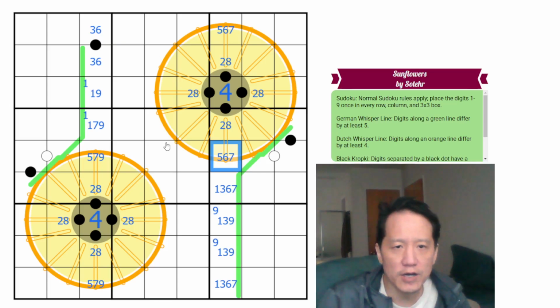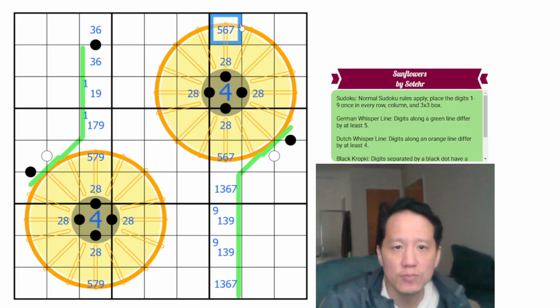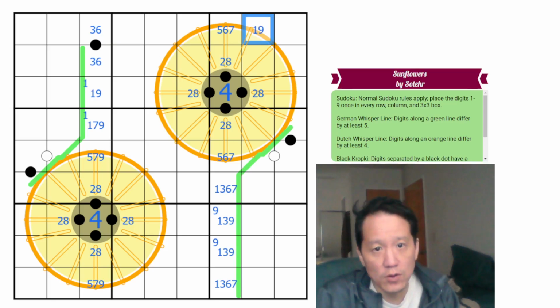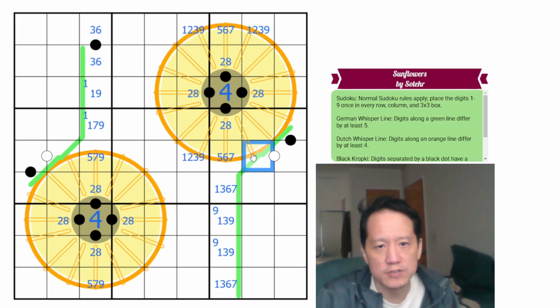We know that 5, 6, and 7 specifically on a Dutch whisper line can be next to 1 or 9 for the 5, or if it's 6 and 7, it could be next to 6 or 7, it could be 1, 2, or 3. So this is specifically 1, 2, 3, or 9 in all of these cells, right?